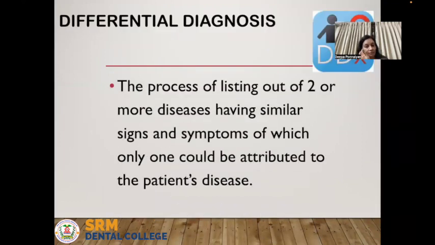The differential diagnosis, on the other hand, is a process where you're listing out two or more diseases which have similar signs and symptoms, or of which only one could be attributed to the patient's disease. For example, if you're saying periodontitis, you're not sure whether it is chronic, so you might give it as an aggressive periodontitis case if you see that the symptoms are the same.